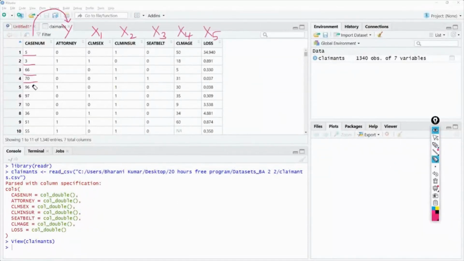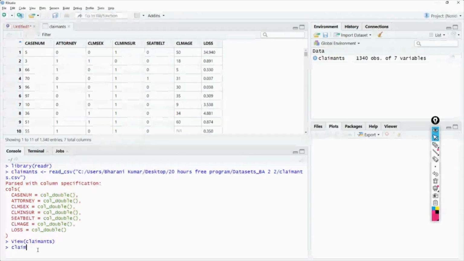If you're really superstitious, you'll say that if any application number has a 6 ending, then they will hire an attorney. If they do not have 6, they'll not hire an attorney. Unless you're superstitious, you'll not make such statements, right? So this first column is immaterial, irrelevant. You don't want it, so you delete it.